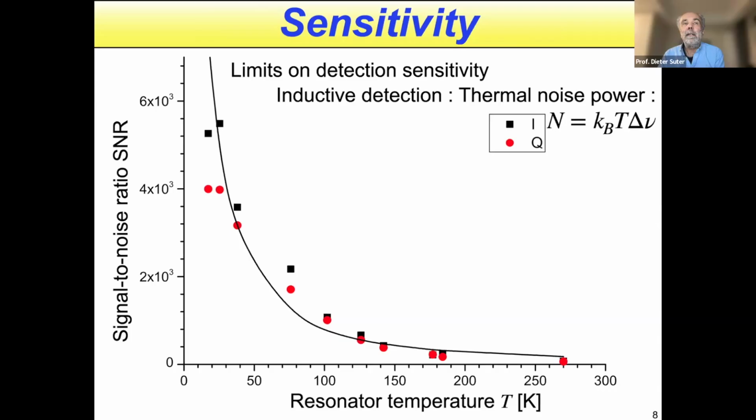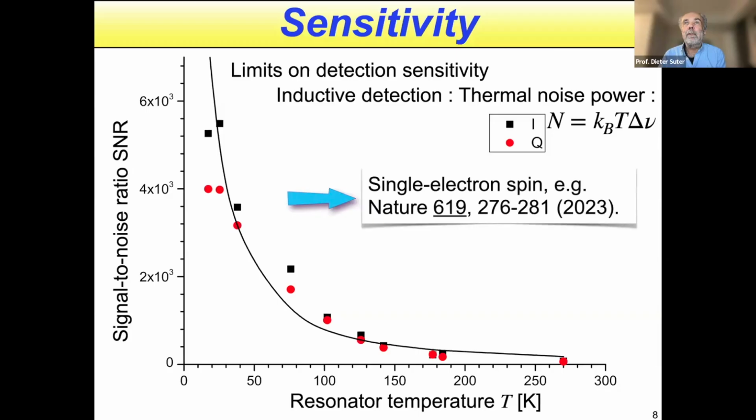It increases quite dramatically if you go to low temperature. And you can expand that even further, to even lower temperature and special purpose amplifiers and detectors, which allow you to do single spin electron resonance with inductive detection.